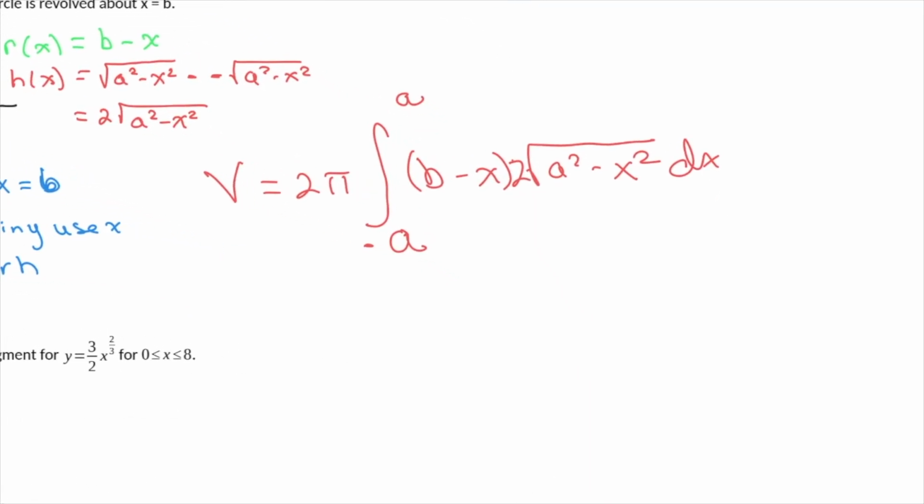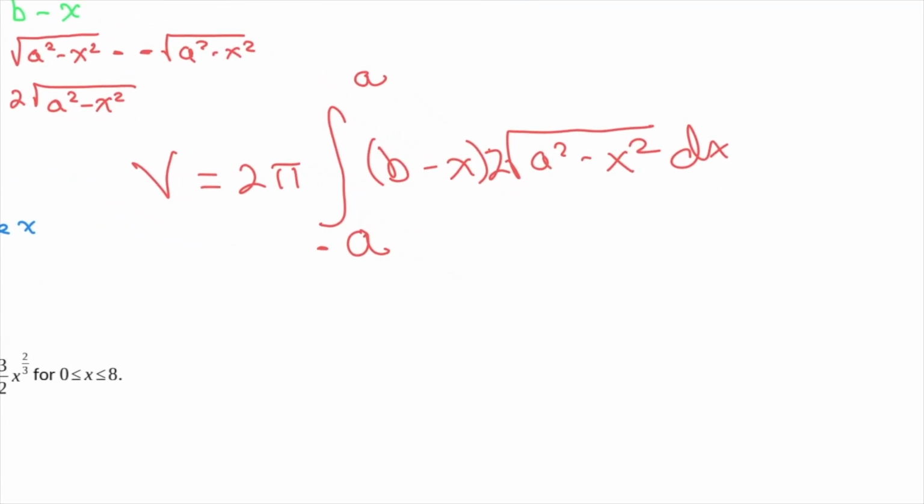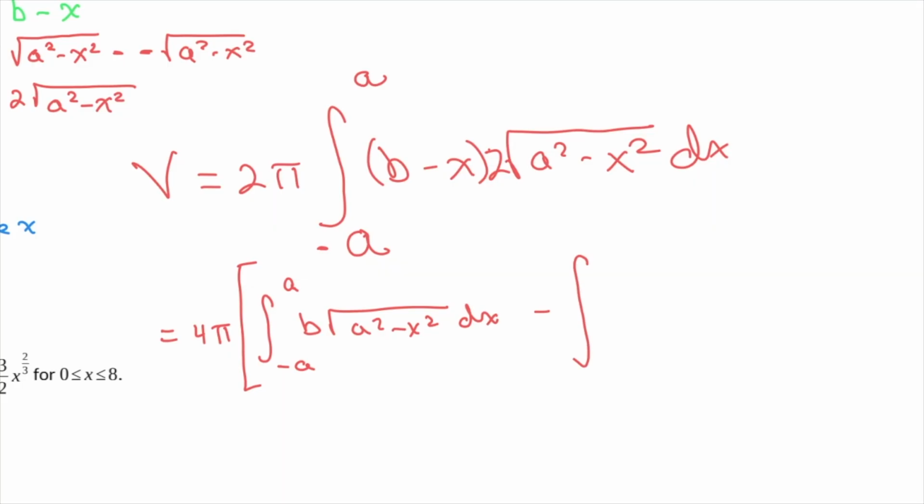All right, so here's our volume. Now this volume is a bit tricky to integrate. So let's factor out our 2, which gives us our 4 pi. Then we're going to have the integral from negative a to a. Let's distribute. If we distribute, we're going to have b times the square root of a squared minus x squared dx minus the integral from negative a to a of x times the square root of a squared minus x squared dx.